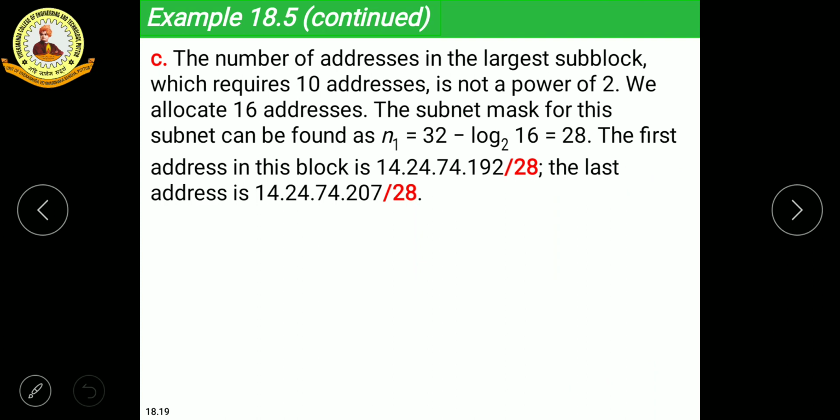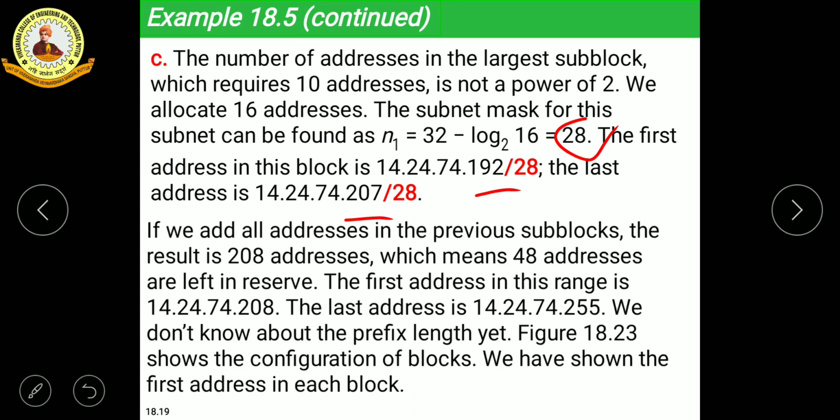Then you will get the subnet as slash notation, or the value of small n is 28. So the remaining 4 bits you make 1, that leads to 207. The last 4 bits you make 0, then it leads to 192. So this is how you should solve problems.